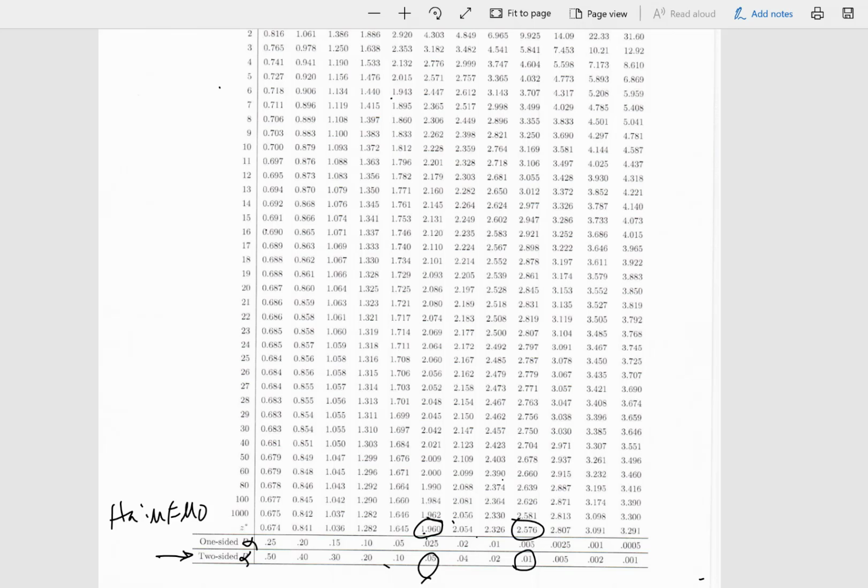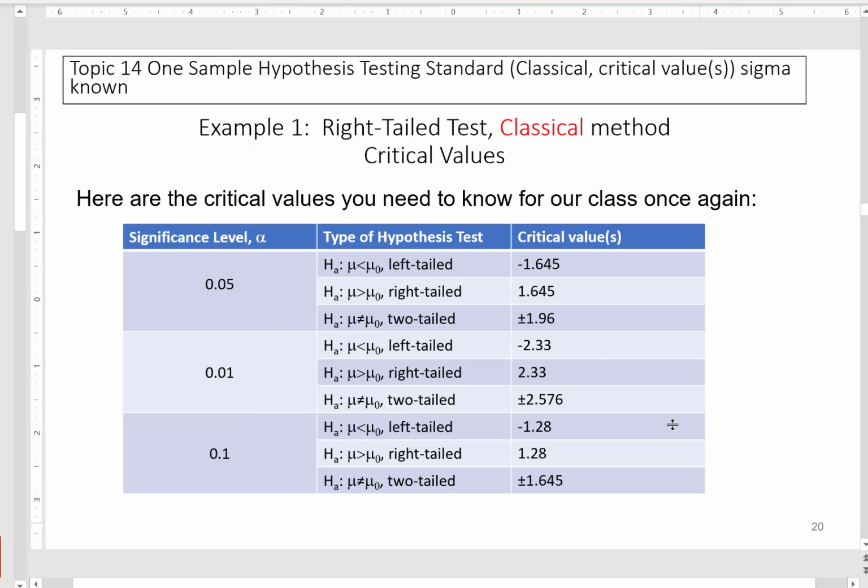And for a 0.1, it's 1.645. Those things, if you remember, those are exactly the alphas for our confidence intervals. Remember, 1 minus alpha gave me the confidence level. So 1 minus 0.1 is the 90% confidence level. And we knew that the critical value is 1.645. So that's where the confidence intervals sort of relate to hypothesis testing. But anyway, we have the numbers here for you.